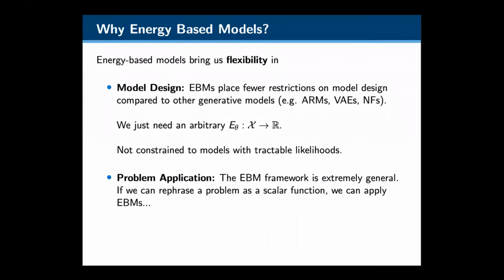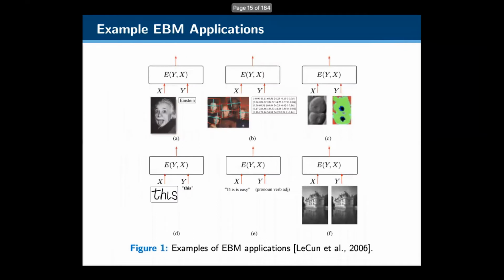So in addition to an almost very flexible model design, EBMs give us a lot of flexibility in the kinds of problems we're solving. As you know, the same story, basically: if we can rephrase our problem as some function that returns a scalar, you can apply an EBM. You can rephrase many things this way: image classification, bounding box detection, pixel-wise classification, part of speech tagging, image restoration.